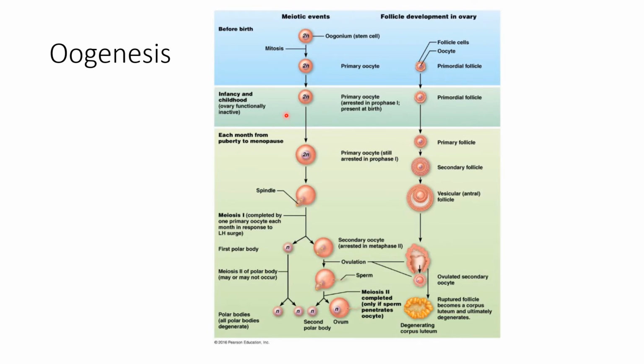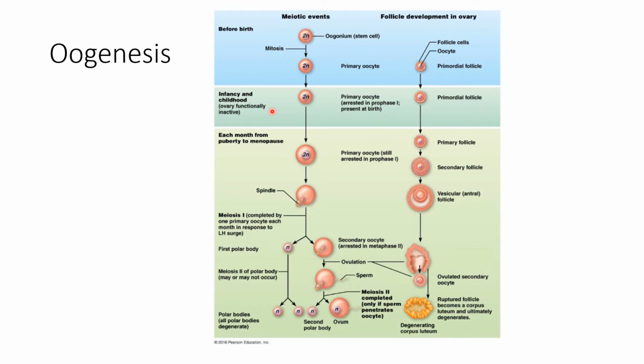Now, before puberty, any primordial follicle within the ovary would actually die. So that's why we say by the time a female hits puberty, she will have remaining around 300,000. Before puberty, we actually started with way more, but as I said, they were dying.